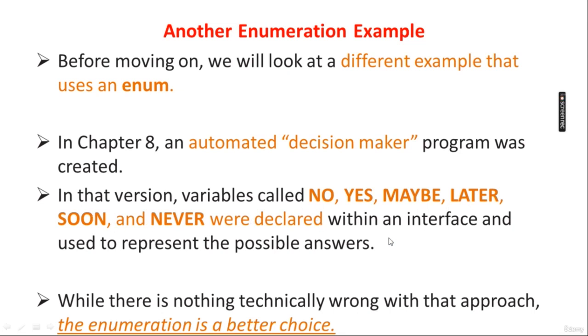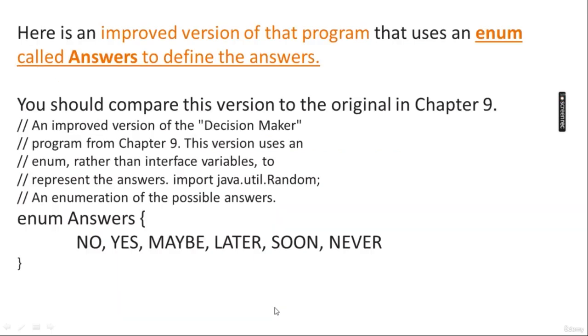Those were declared within an interface and treated as constants. Those values were like 0, 1, 2, 3, and so on, and used to represent the possible answers. While there was nothing technically wrong with that approach, enumeration is a better choice. So the same example we will use as an improved version.